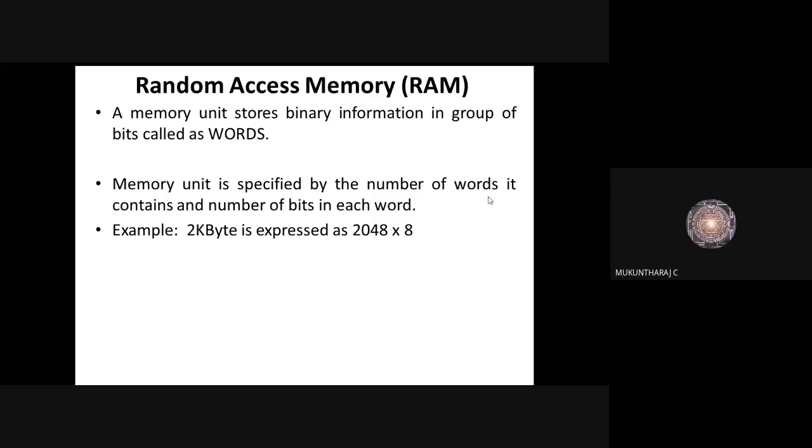Here is the example. 2 kilobyte is expressed as 2048 into 8. Here this 8 represents the input data lines, that is the M value. 2048 represents the address locations, 2 power n. If 2 power n is 2048, then what is the value of n here?